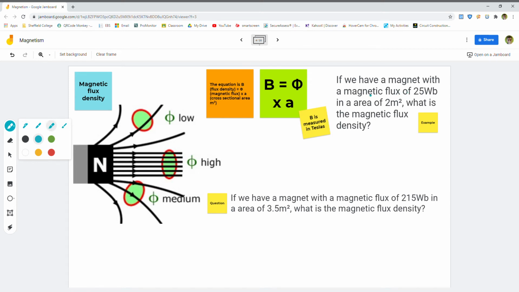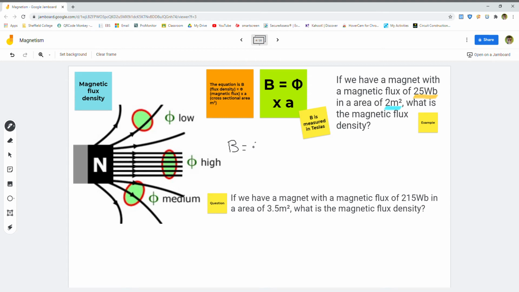We've got Weber, which is our 25, and our area is 2. Let's write out our calculation.